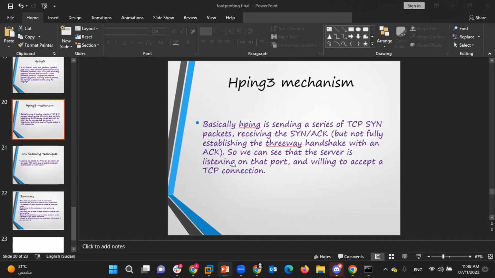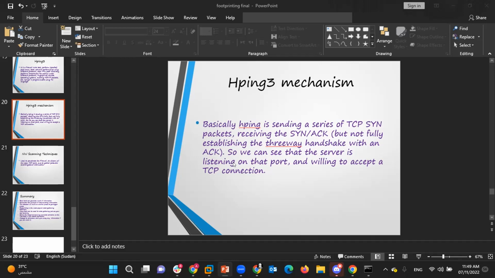Okay. HPing will send a TCP SYN packet, and the received packet will be a SYN-ACK, but not a fully established three-way handshake. This SYN-ACK will not establish the three-way handshake with an ACK.